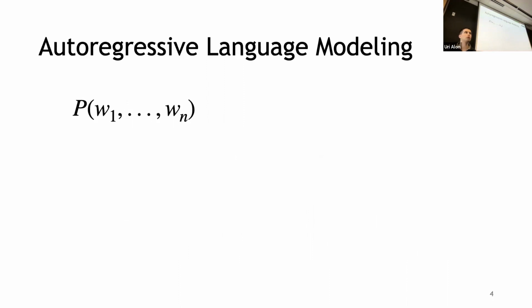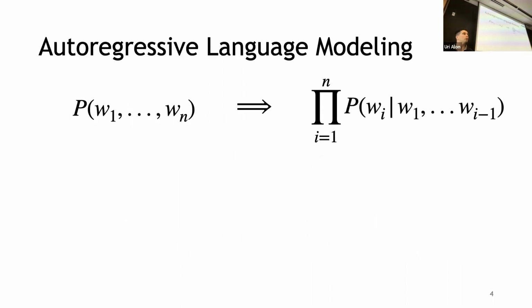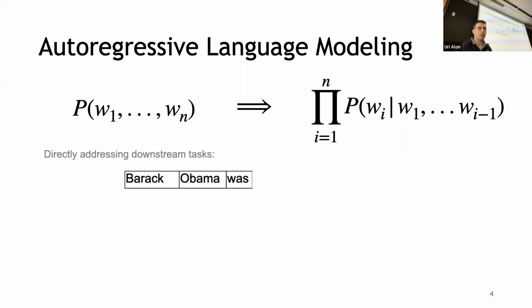Now, most language models are autoregressive, which means that they decompose the joint probability of the entire sentence into the product of every word given the previous words in the sentence. And this fact allows us to use language models in the way that we use them, by letting the language model complete our prefixes or our prompts.